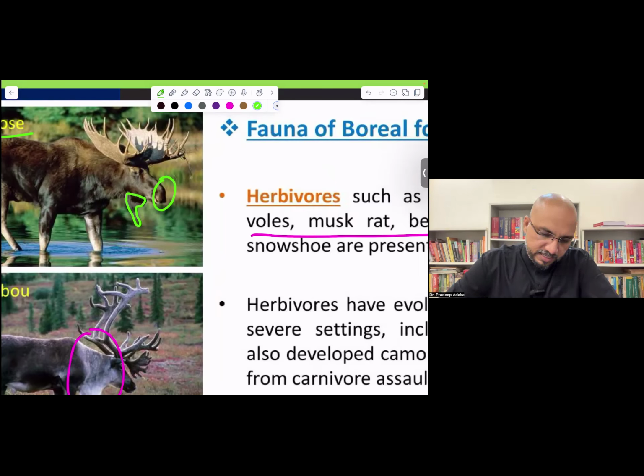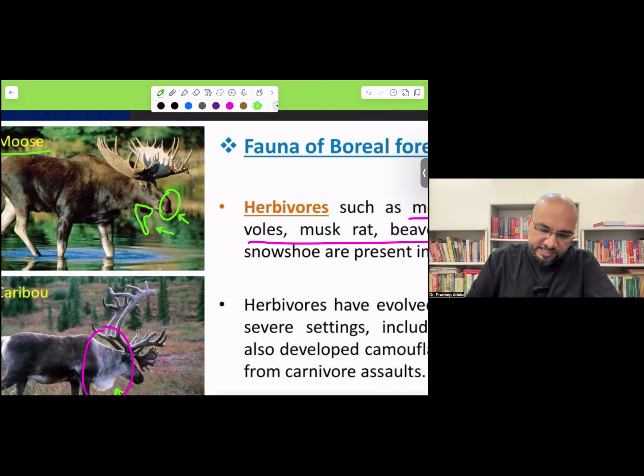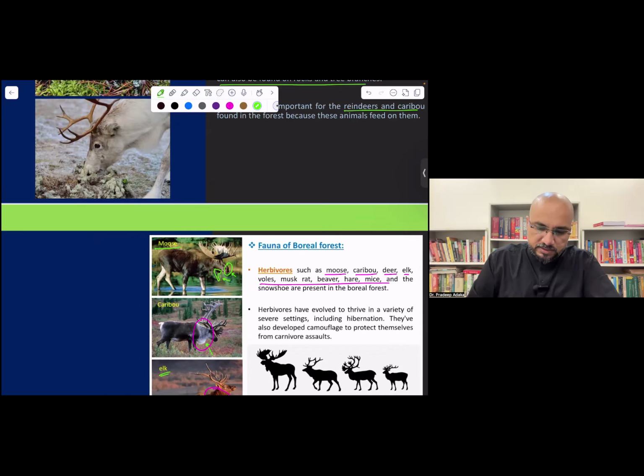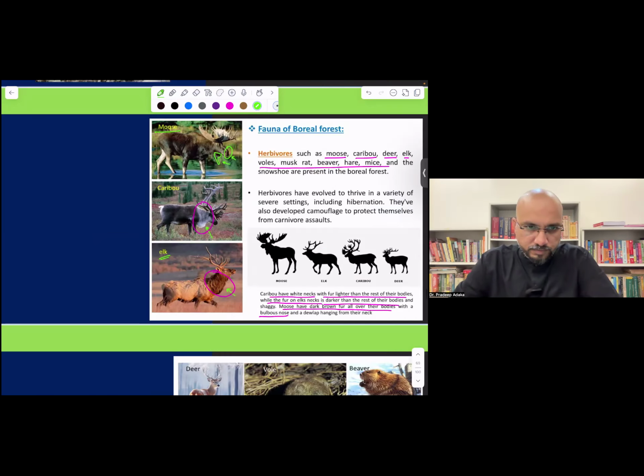So these are the two characteristic features. And the fur is uniform throughout the body. So they don't have different shades. The fur is uniform dark brown throughout the body. So you will not be confused. Caribou, elk, and moose. Moose is the largest in size.